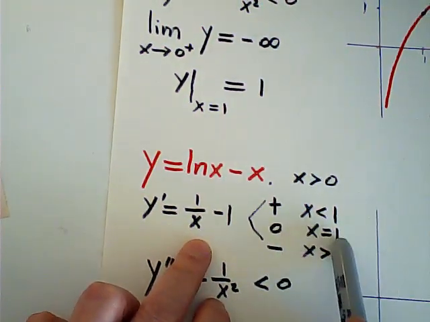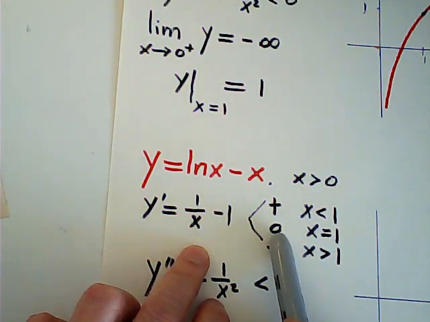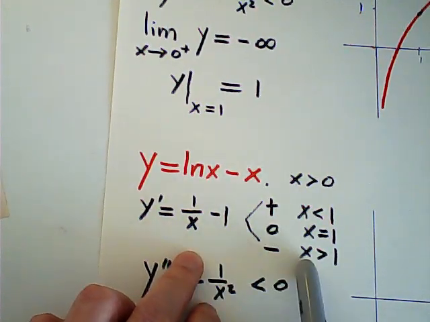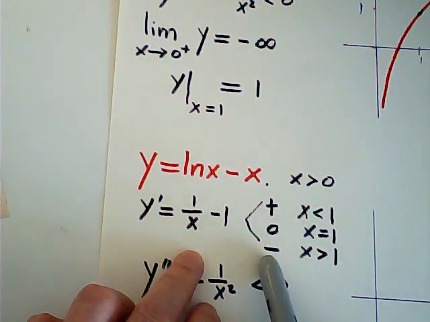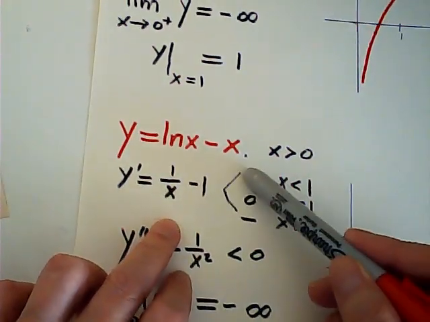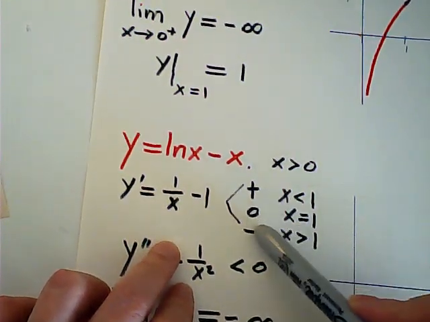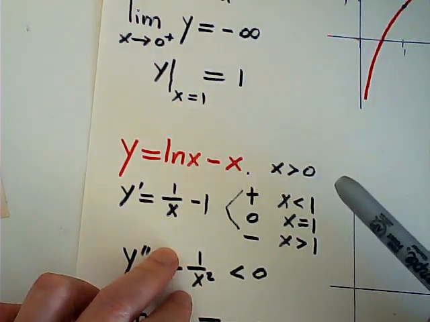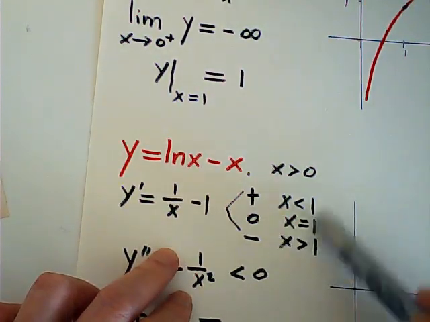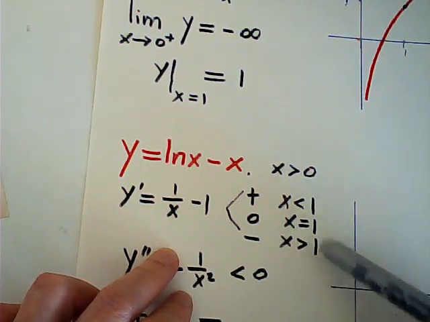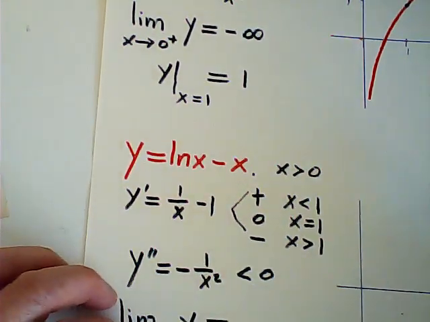When x equals 1, it's 0. When x is greater than 1, it's negative. So these signs determine whether the function is increasing or decreasing on what interval.